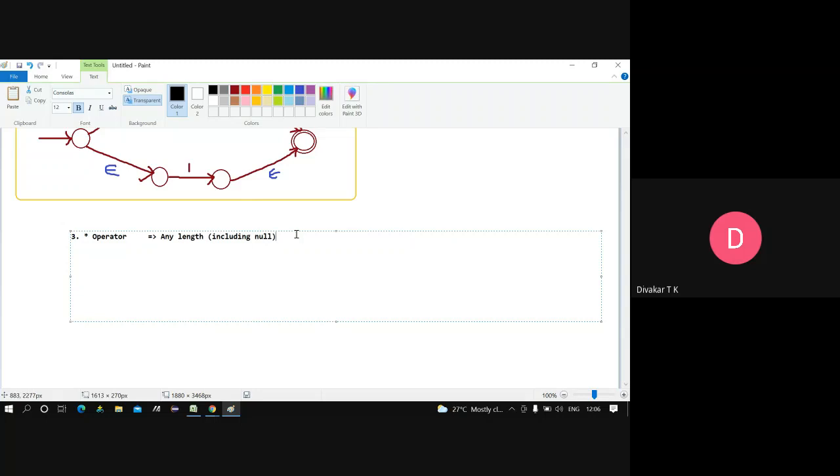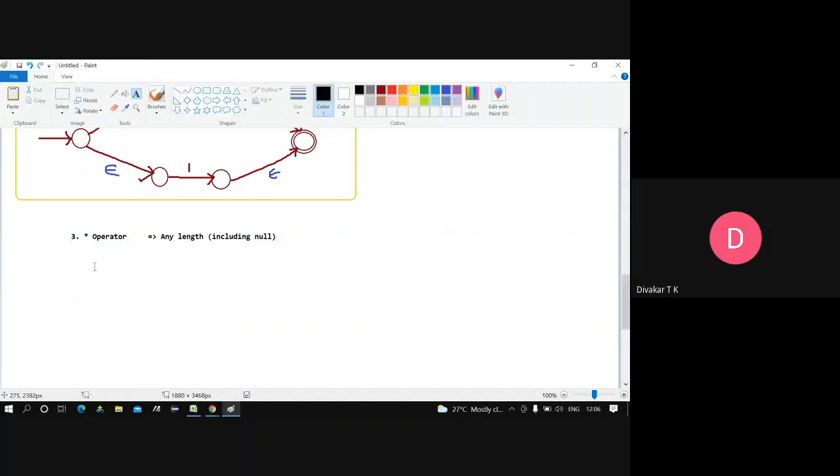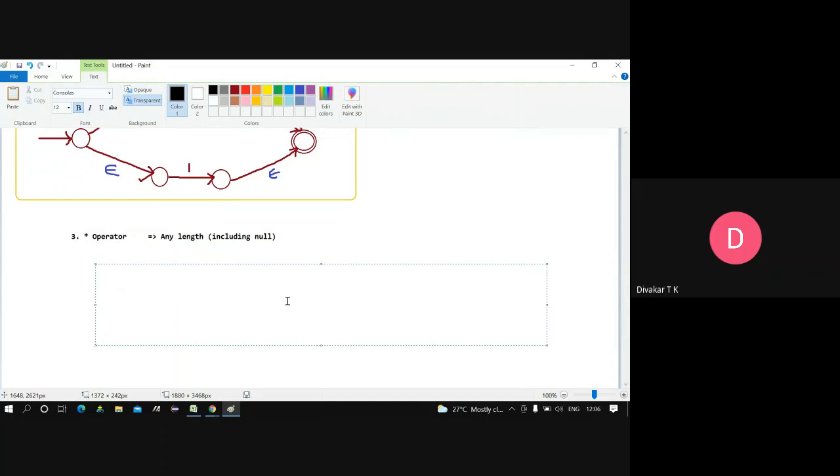Zero length is also a string, which we learned long back in the DFA problems. Okay, great. So now I'll take one symbol as 0. Only one symbol I'm taking right now. We can use any one symbol or both the symbols. First of all, I'm showing only for one symbol. I'm just telling that 0 star here.